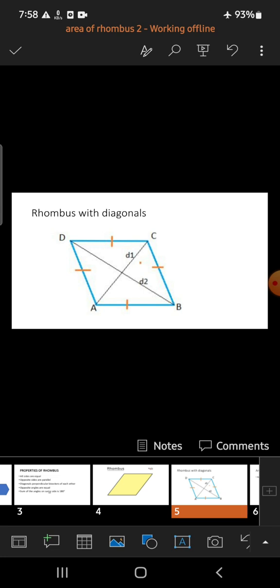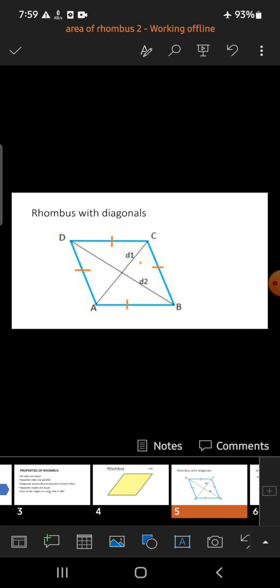There are 4 triangles, isn't it? The diagonals are perpendicular bisectors, so the angle obtained here is a right angle, and hence the triangle is a right triangle. Okay, and the sides of the triangles are D1 by 2 and D2 by 2. Then how can we find the area of the rhombus from these triangles?